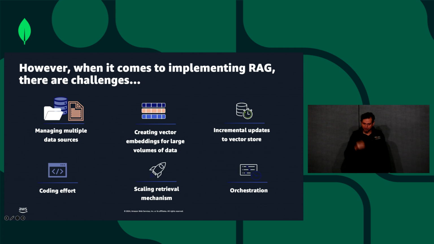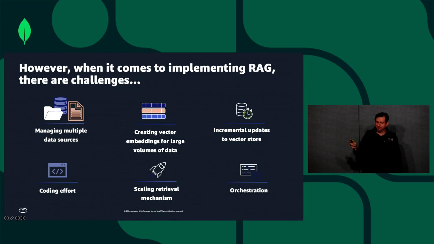There's coding involved. You're all developers, you love coding, so that's not a challenge. You also have to scale your retrieval mechanism. In MongoDB Atlas, you get it out of the box, but you have to think about how many hits you're going to have. MongoDB now has support for a specialized search node for semantic search, so that's good.